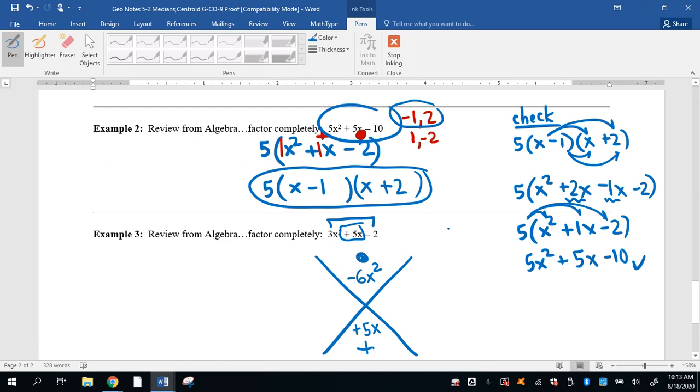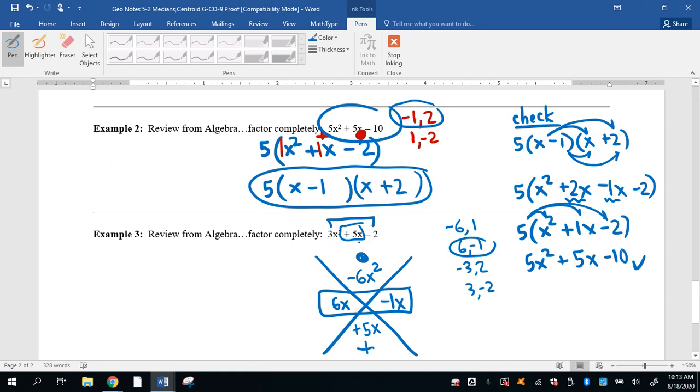So multiply to get -6 would be -6 and 1, 6 and -1, -3 and 2, 3 and -2. Which of those pairs add to get 5? That's the 6 and -1. So we have 6x and -1x, or you can put the -1x first, does not matter.